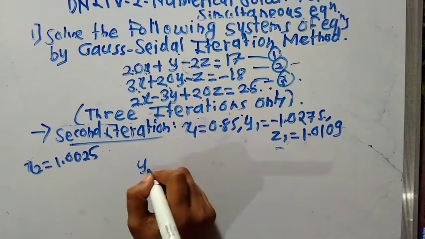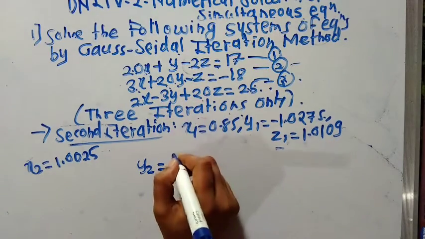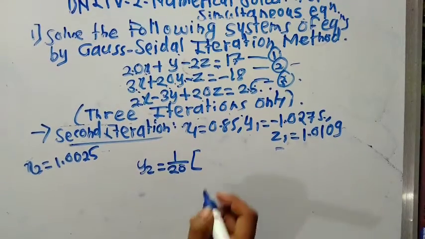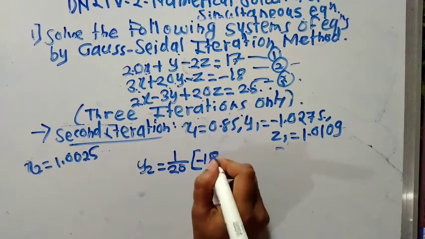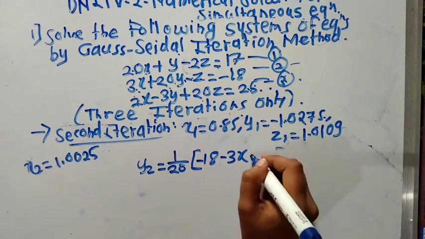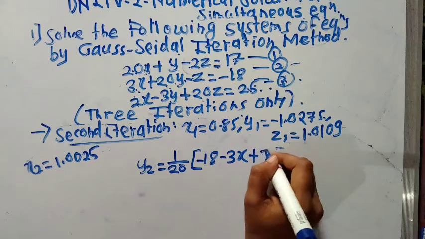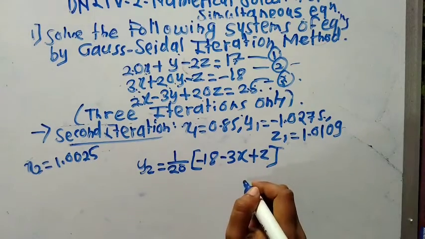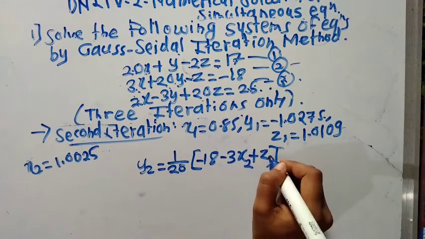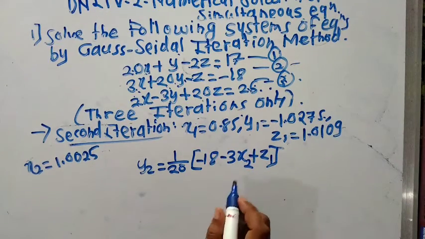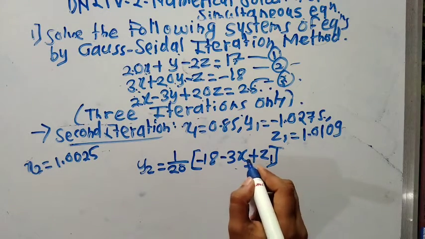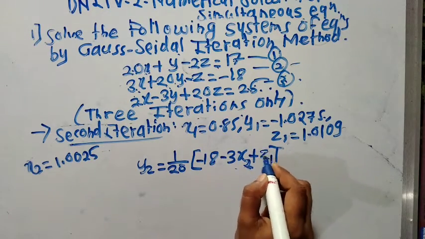So here y2 is equal to, from equation second, 1 divided by 20 minus 18 minus 3x plus z. So here x2 and here z1.